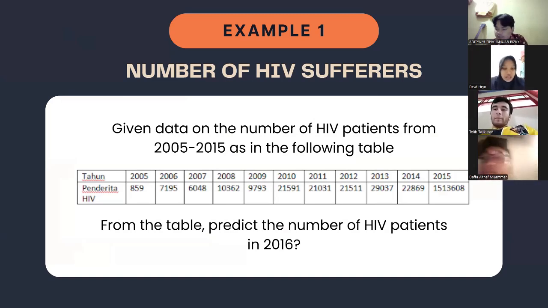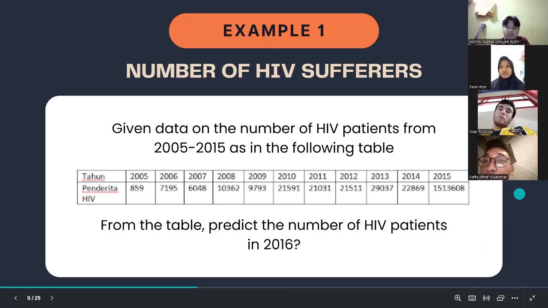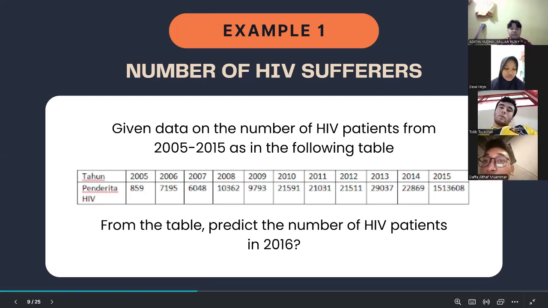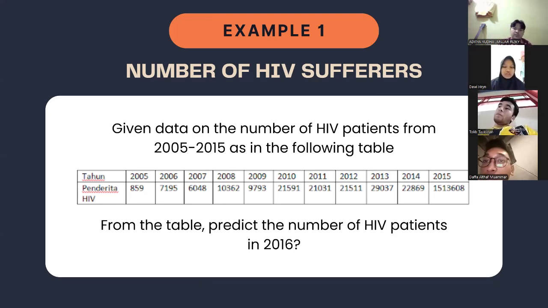So I will be explaining example 1, the number of HIV sufferers. Given data on the number of HIV patients from 2005 until 2015 as in the following table. In the year 2005, HIV sufferers is 859. In the year 2006, the HIV sufferers is 7,195.